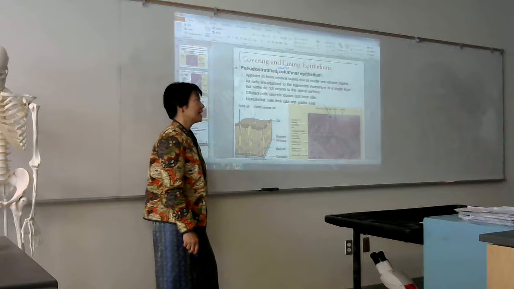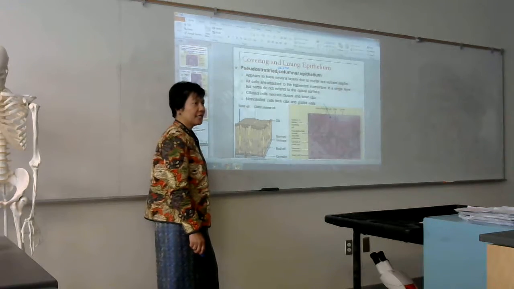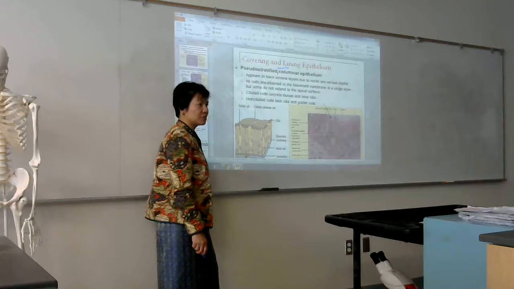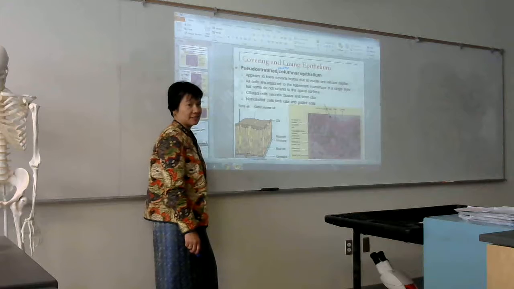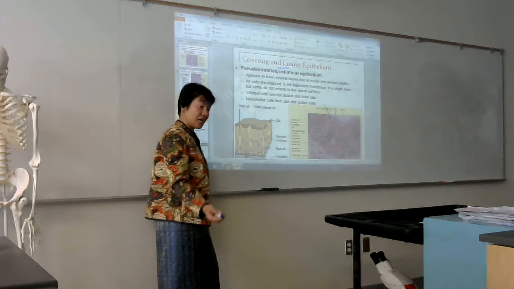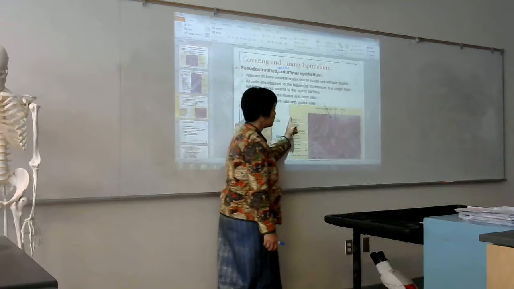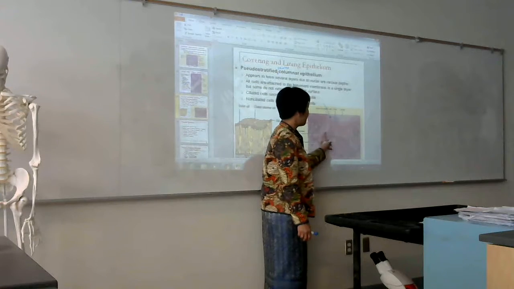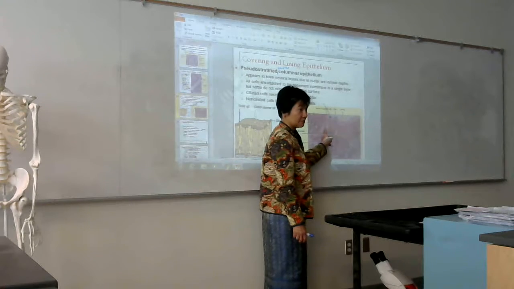Then maybe I'll ask you, in your respiratory tract, if this gets injured, can you give me one common symptom that the individual will manifest? Yes, cough, right? So this is your respiratory tract. You have goblet cells here that secrete mucus, right?